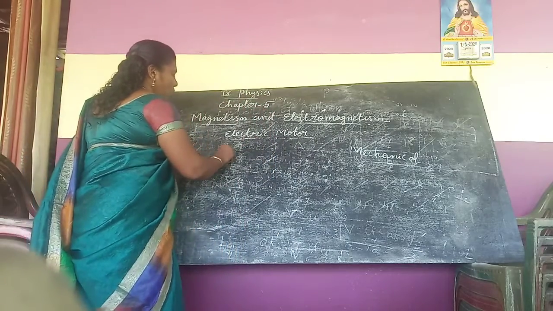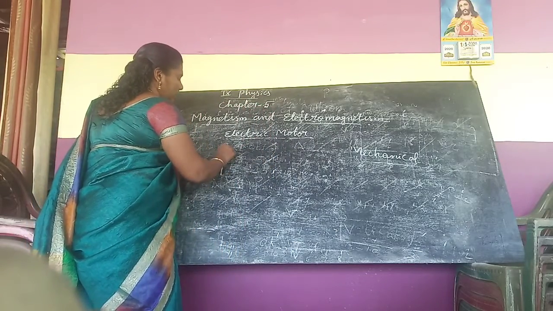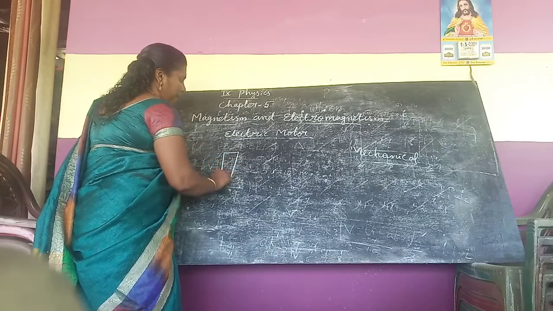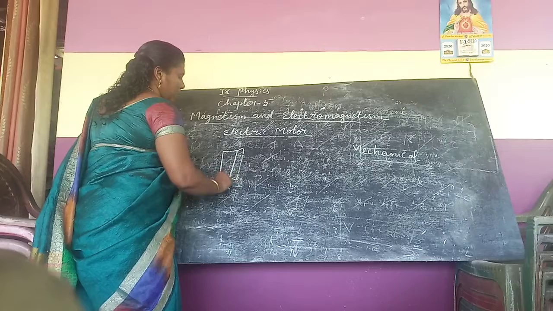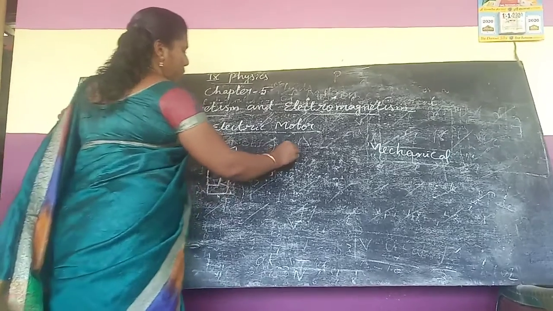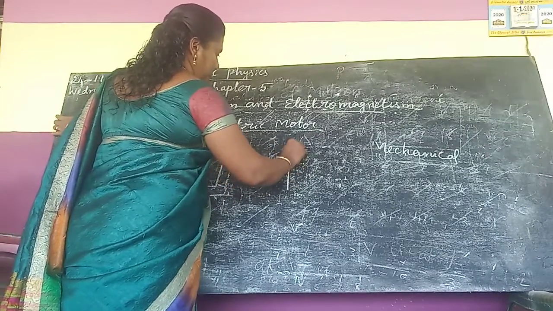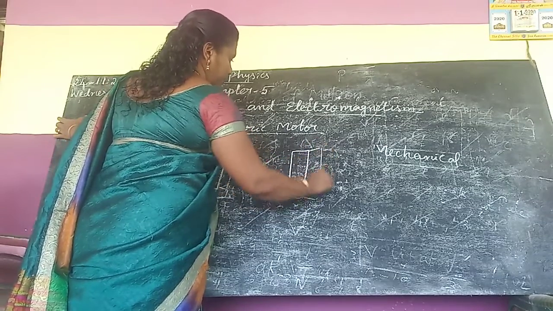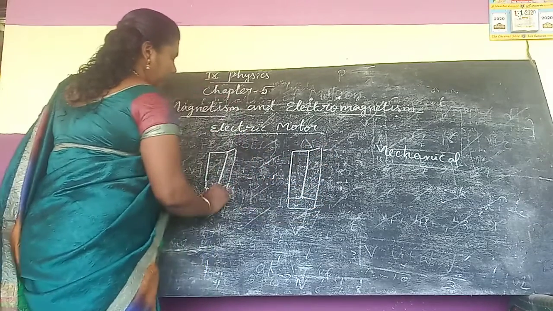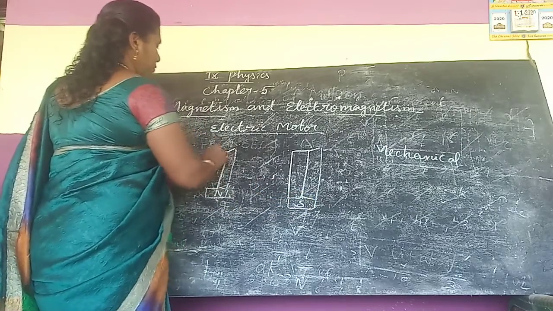Now it consists of a permanent magnet. Here are the N and S poles of the magnet.